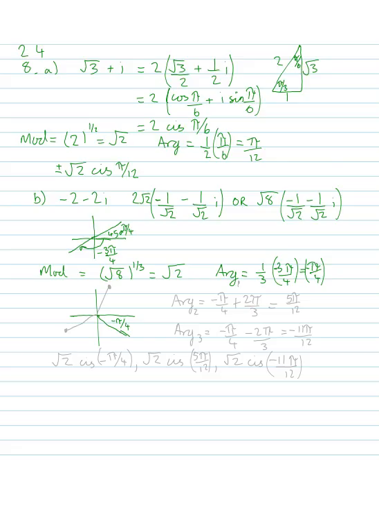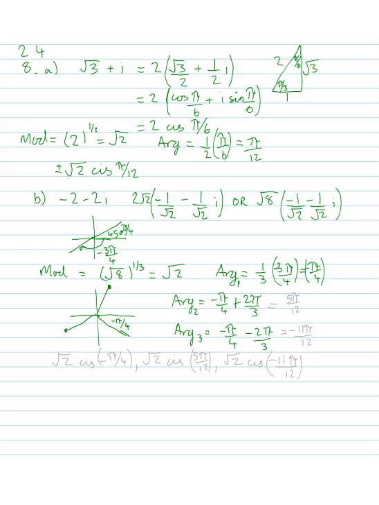So they're going to be roughly there and there, I suppose. And so the second two arguments should be minus pi on 4 plus 2 pi on 3, which is this one up here, and the third argument should be minus pi on 4 minus 2 pi on 3, which is this one over here.